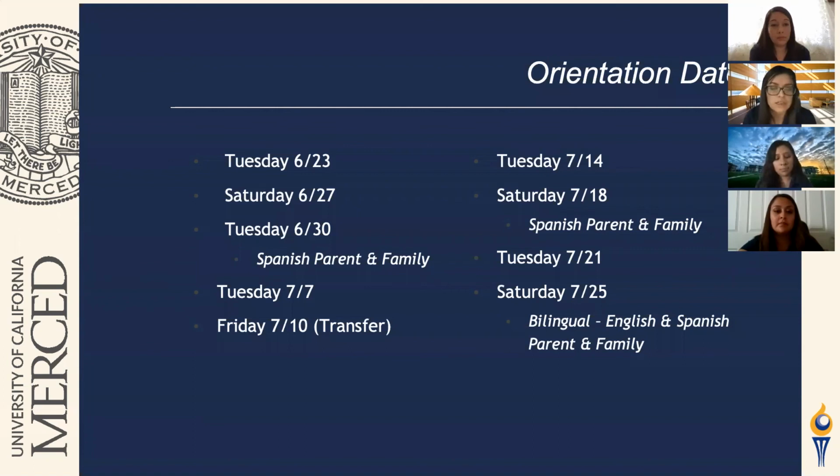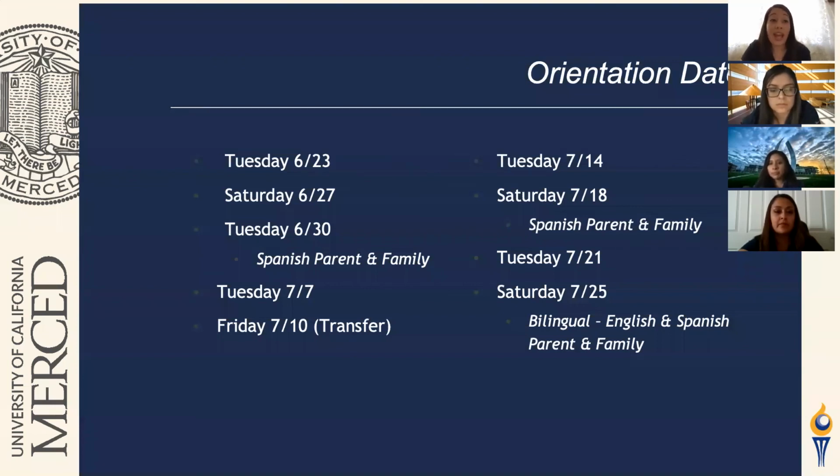Is there anything else before orientation that we have to worry about? Again, I'll go back to just constantly check your email, because there is kind of like a timeline of information and things that you do need to take care of throughout the summer as you prepare to transition to the fall semester and being a UC Merced student.